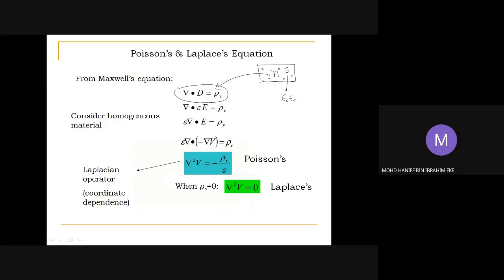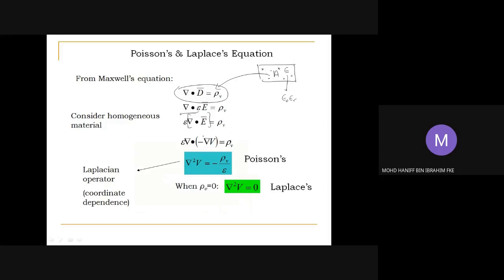If we assume that the material of region A is homogeneous, we can take epsilon outside the divergence operation. So we have epsilon multiplied by the divergence of E equals rho V. And E is equal to negative grad of V, from chapter 4.